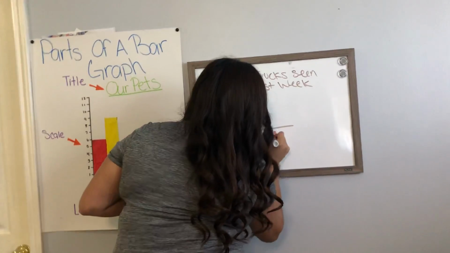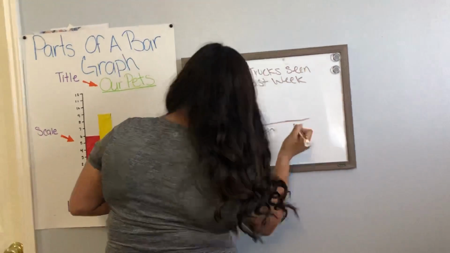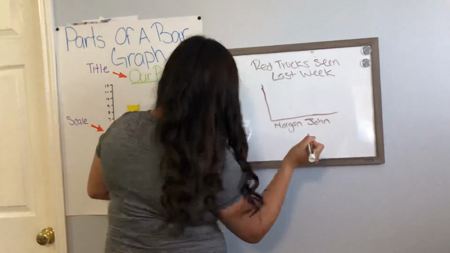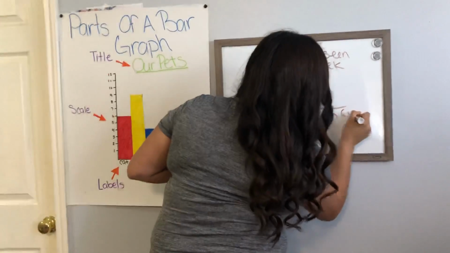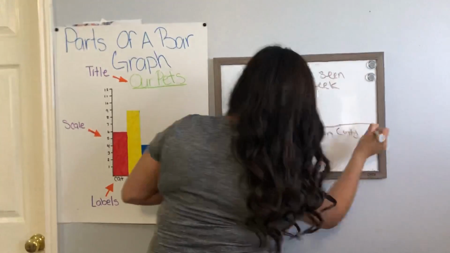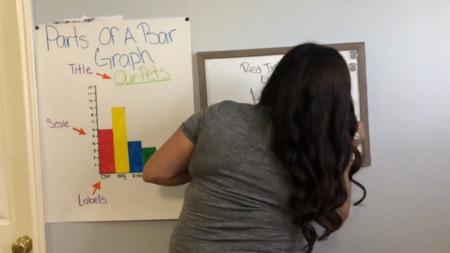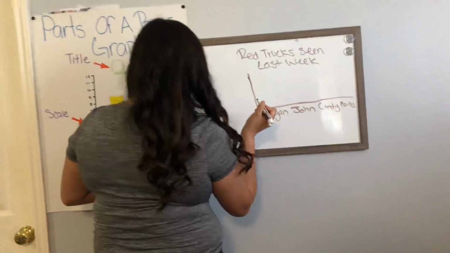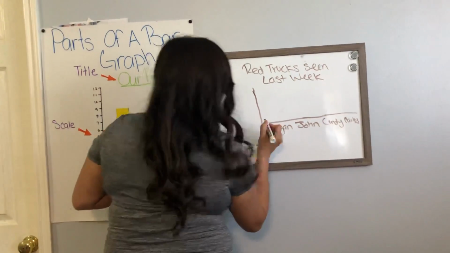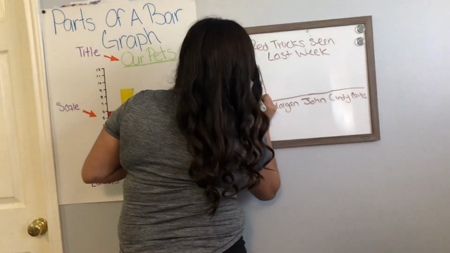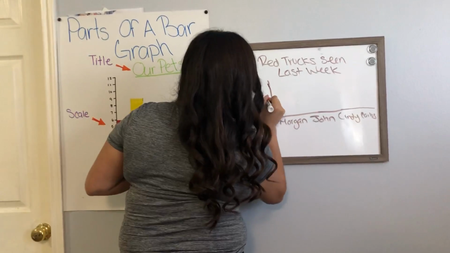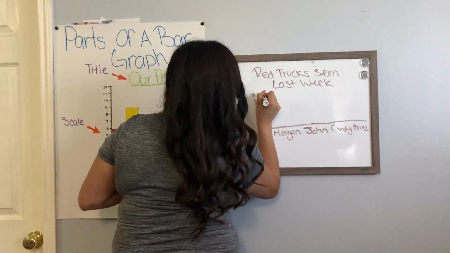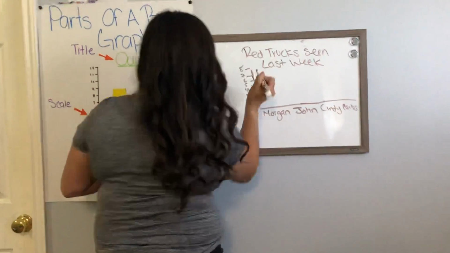So we're going to have Morgan, John, Cindy, and Carlos. And we're going to make a scale 2, 3, 4, 5, 6, 7, and let's do it all the way up to 8.